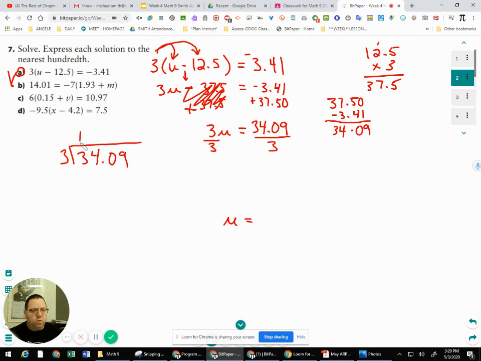So 3 goes into 3 once. That's a 0. Bring down a 4. 3 goes into 4 once. I'm not going to fix that because I'm so sick and tired of my writing. That's a 1. 3 does not go into 1. Now, anchor your decimal place in. Anchor your decimal place in. Bring down the 0.